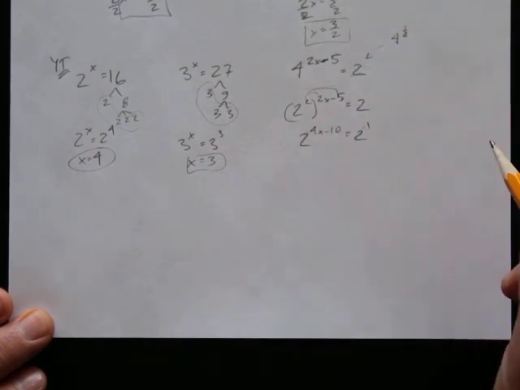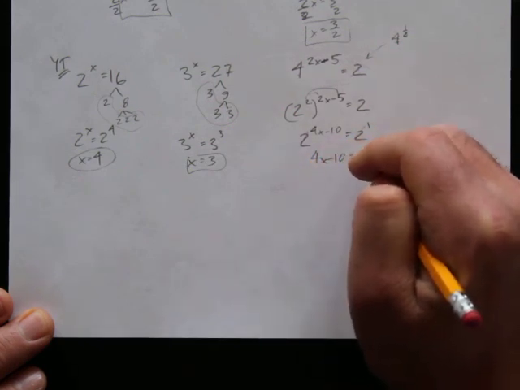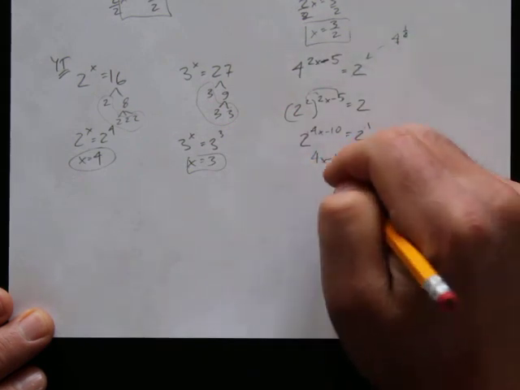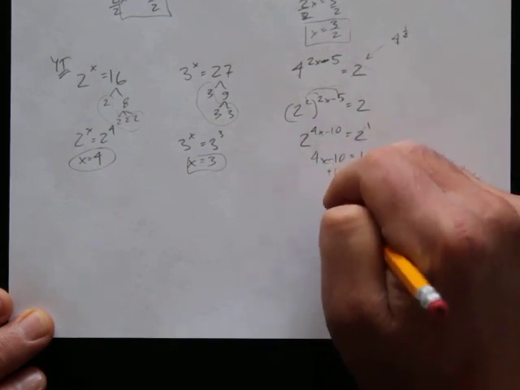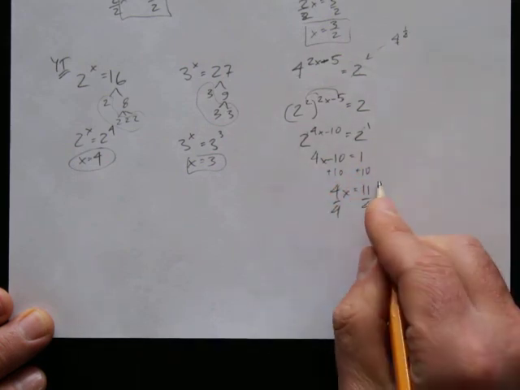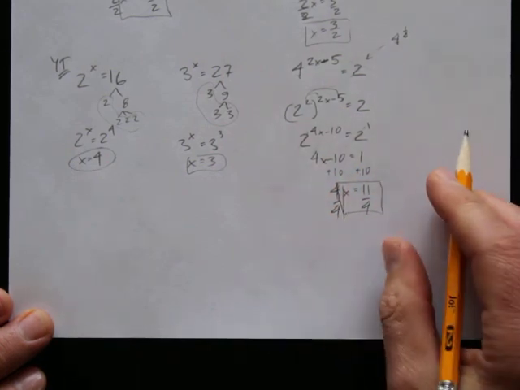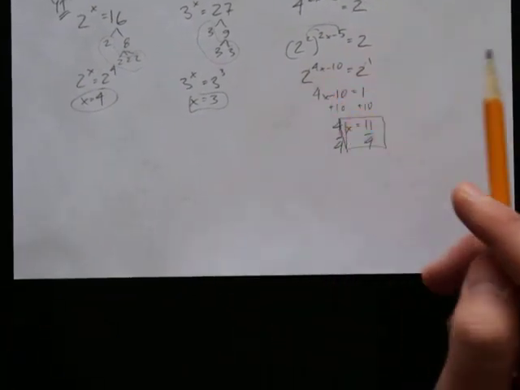My bases I can ignore now. 4x minus 10 equals 1. Add 10 to both sides. 4x equals 11, divide by 4, divide by 4. x equals 11/4. I don't know why all of these ended up being fractions, but that's just the way it is.